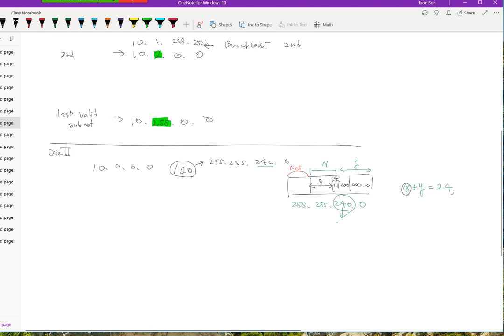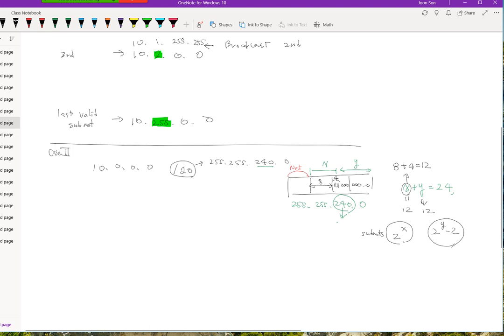So basically 8 plus 4 is 12. So the x is 12, and obviously its y is 12. We know that 2 to the x is the number of subnets, and 2 to the y minus 2 is the number of usable host IP addresses for each subnet, right?